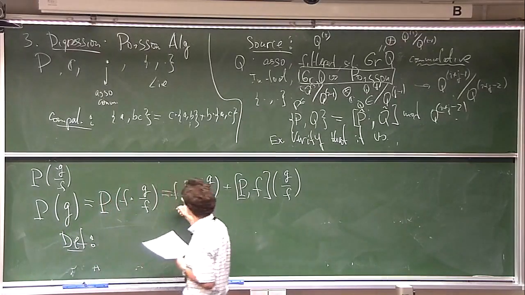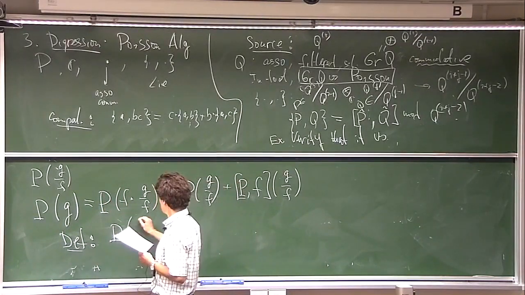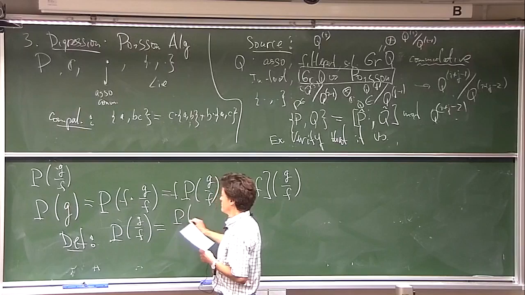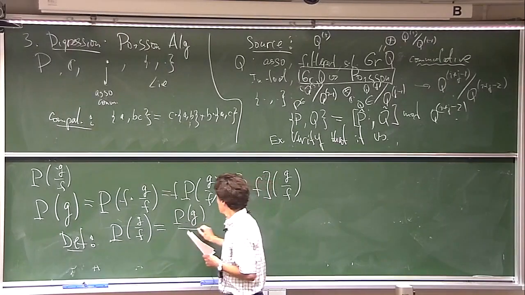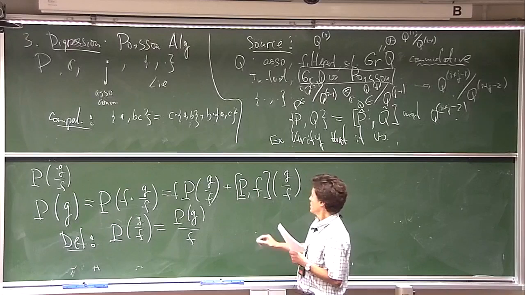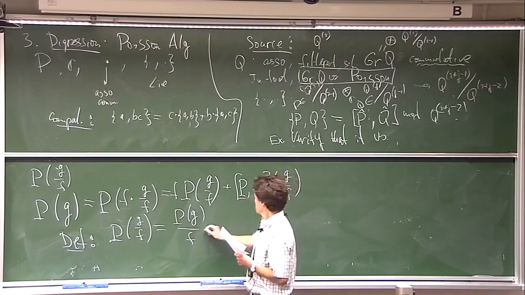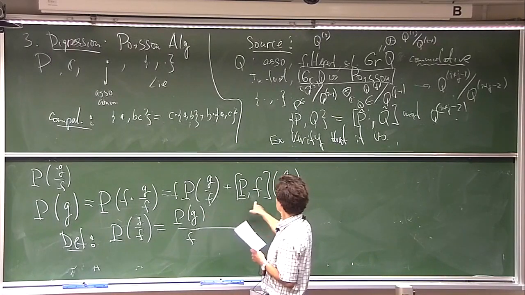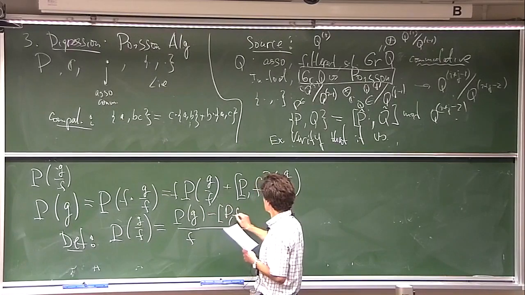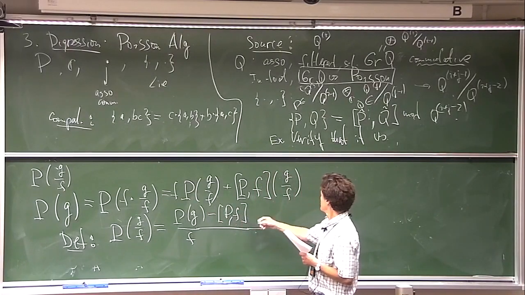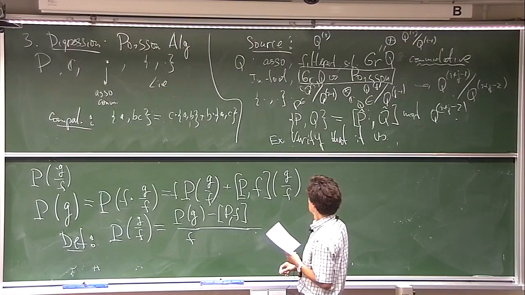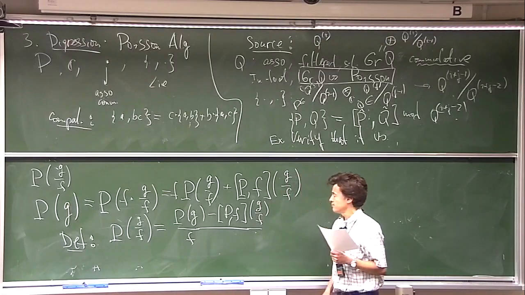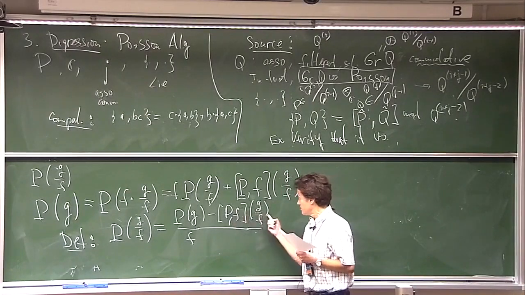And so we finally make the definition. So P of g on f equals P of g on f minus the commutator, g on f. So if P is a derivation, this is known to me.